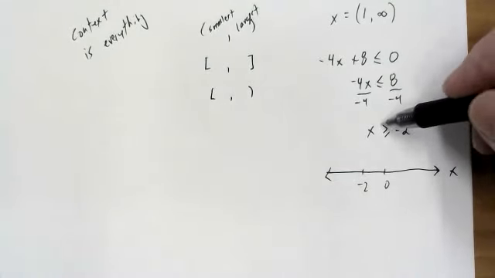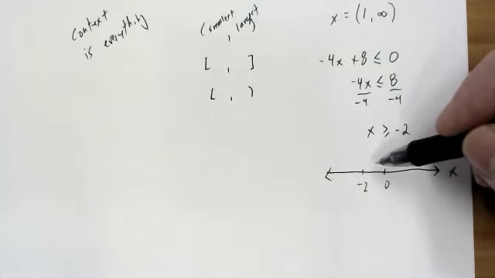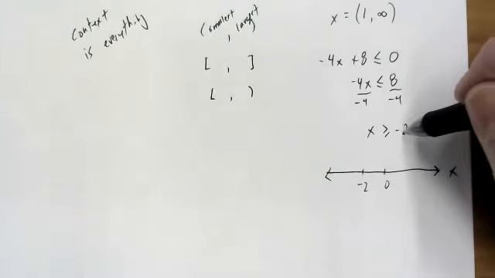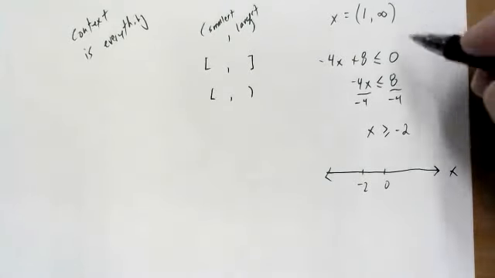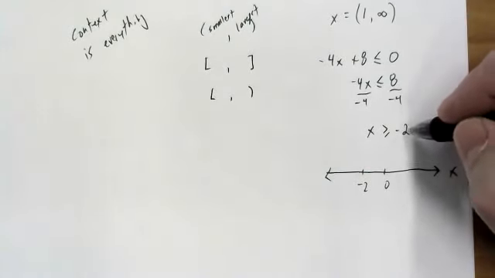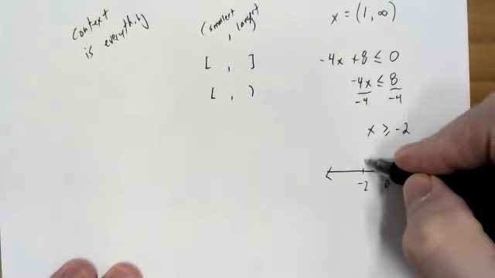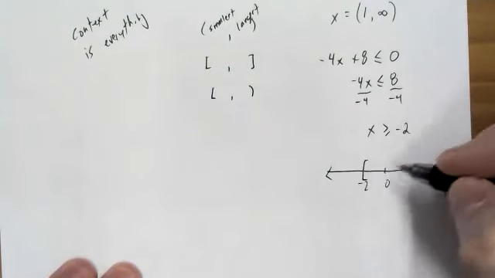And here, since it's a greater than or equal to, I'm going to put a bracket, because brackets are what you use if you want to include the number, because my solution is going to include -2. So I go to -2. I know I'm going to go to the right. So I make my bracket like this.